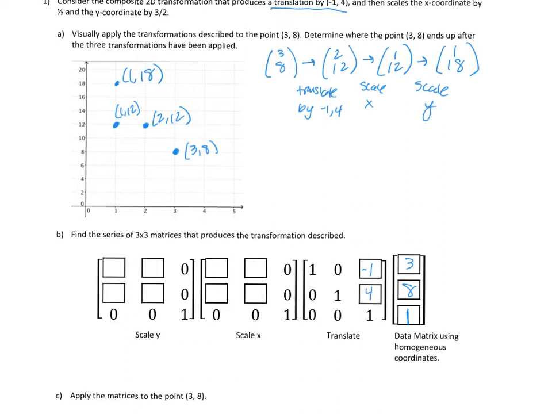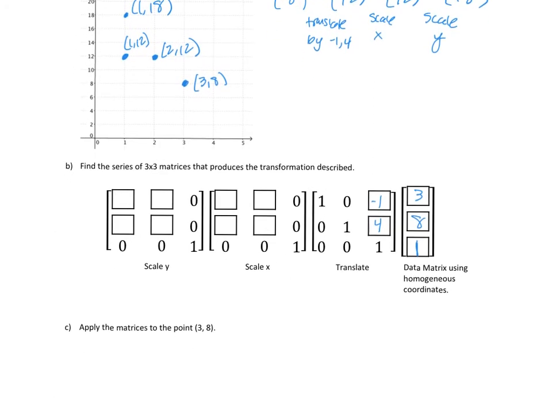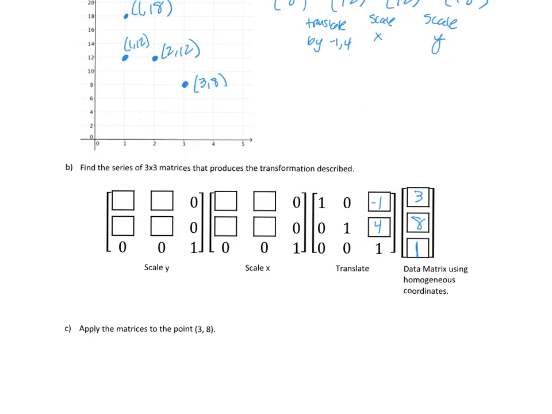Okay, my next transformation is to scale the x-coordinate by a half. So what goes in here is these 4 blank boxes. That has to be the standard matrix for a transformation that scales the x-coordinate by a half. And the way you find a standard matrix is you have to determine where the columns of the identity matrix go. So I need to know T of (1, 0) and T of (0, 1) when you're scaling an x-coordinate by a half.